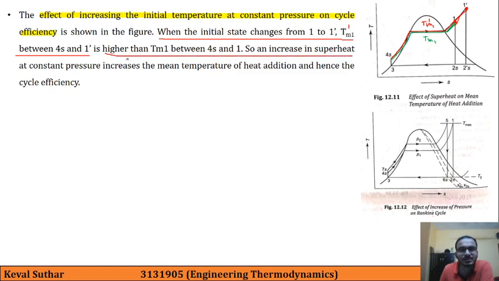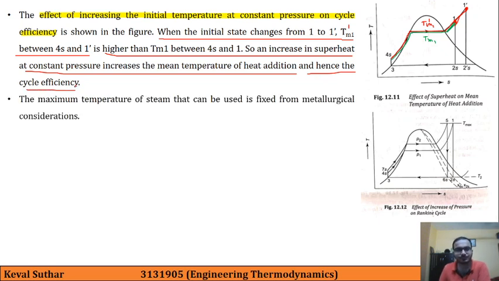So an increase in superheat at constant pressure increases the mean temperature of heat addition, and hence the cycle efficiency is also increasing. So here now we are going to see the maximum temperature of steam.